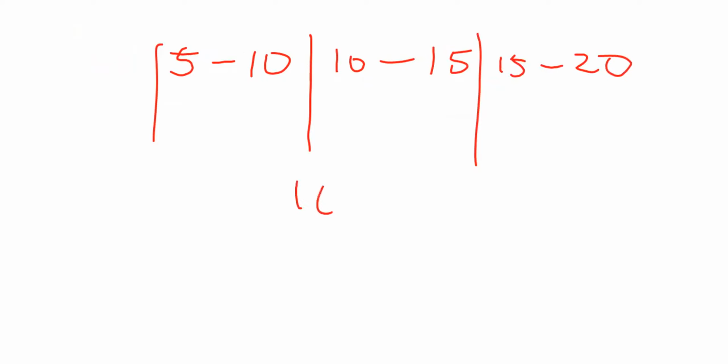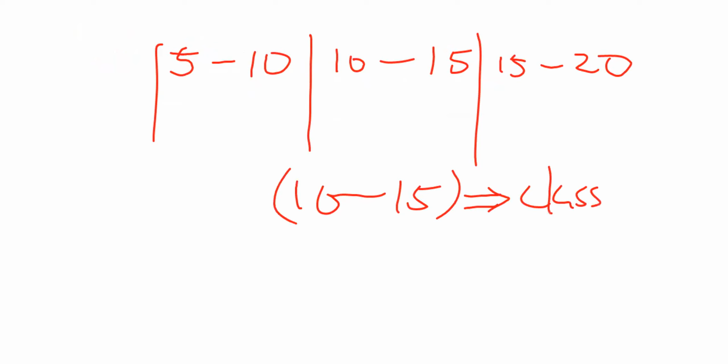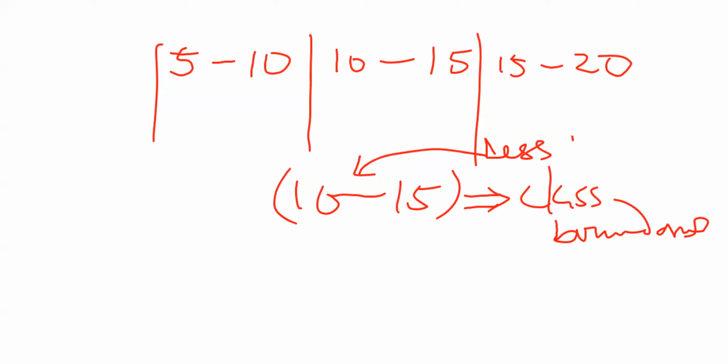When I take 10 to 15, this is what we call class boundaries. These are also called less than groupings.